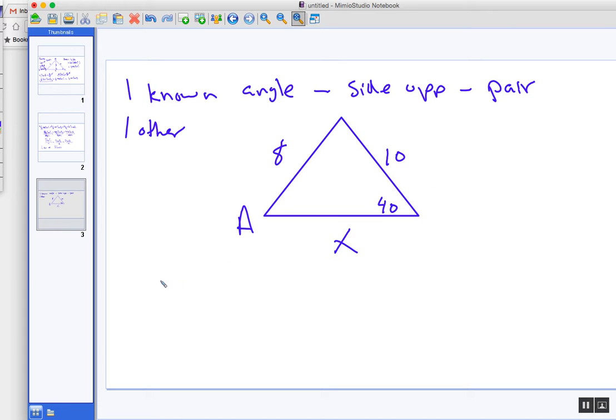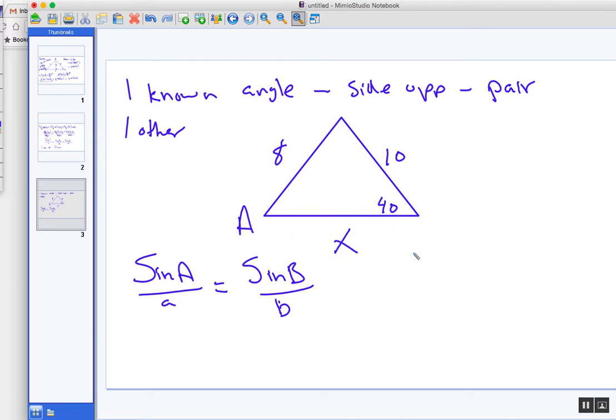So remember, law of sines is sine of A over A. All this means is sine of the angle over the side opposite that angle. So the letter really doesn't matter. You just have to remember sine of angle over side opposite that angle.